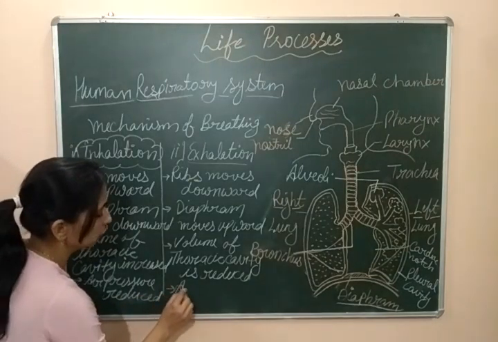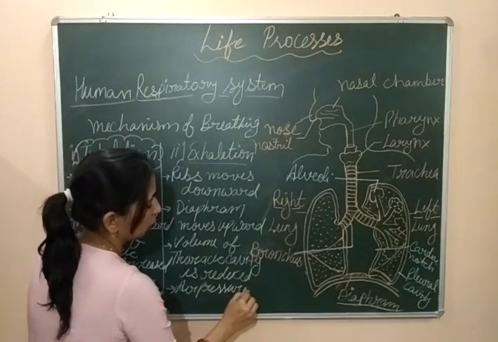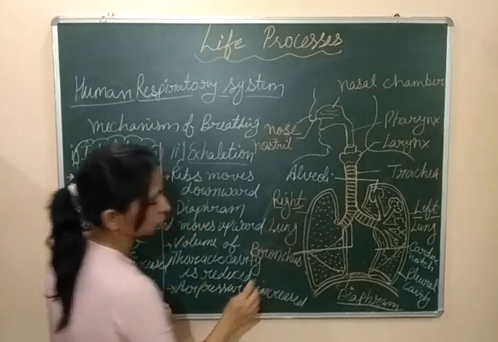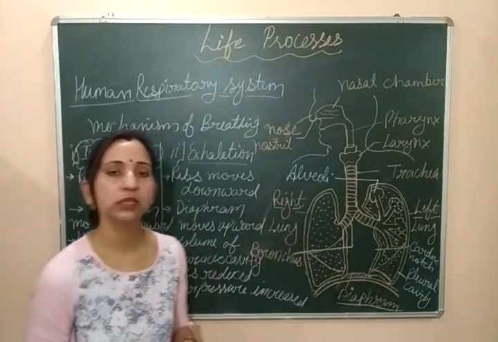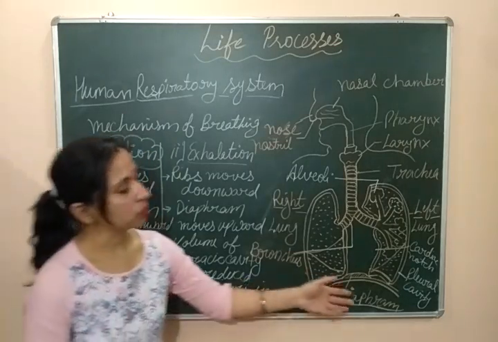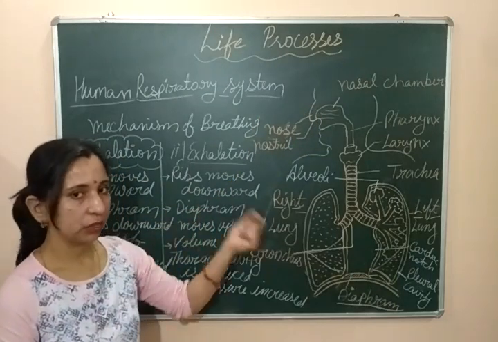This increased pressure is higher than the pressure present in the atmosphere. So again, air will move from its higher pressure to its lower pressure, and finally air will come out from the body by following a path, but in the reverse manner.